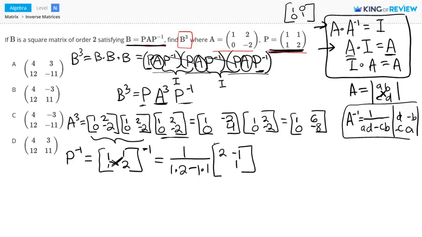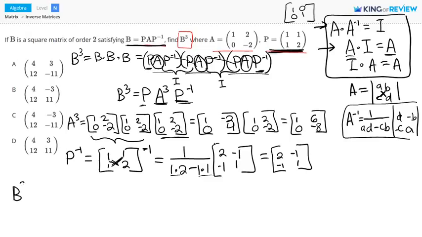And then we take the negative values of the other entries. So when we multiply this out, we get 1 over, and then we have 1 times 2, which is 2, minus 1, that's 1. So 1 over 1 is equal to 1. So P inverse is 2, negative 1, negative 1, and 1. So now we know this value.